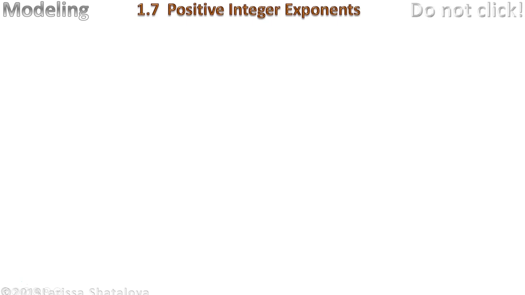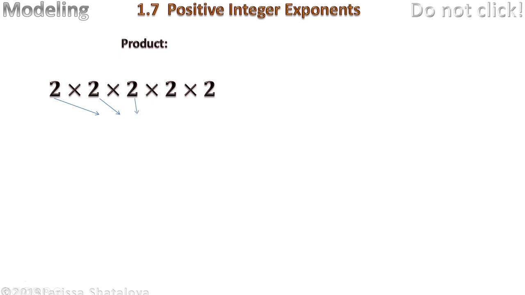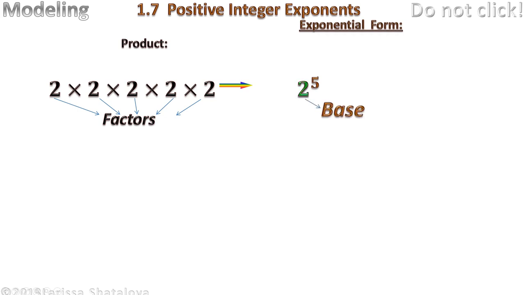Positive integer exponents. Let's look into the product positive 2 times positive 2 times positive 2 times positive 2 times positive 2. Positive 2 we would call factors, and instead of showing this long chain we can use a shortcut, and this shortcut we would call exponential form. 2 is a base.